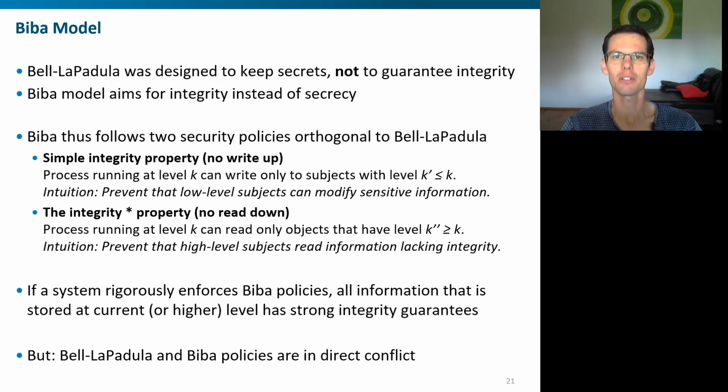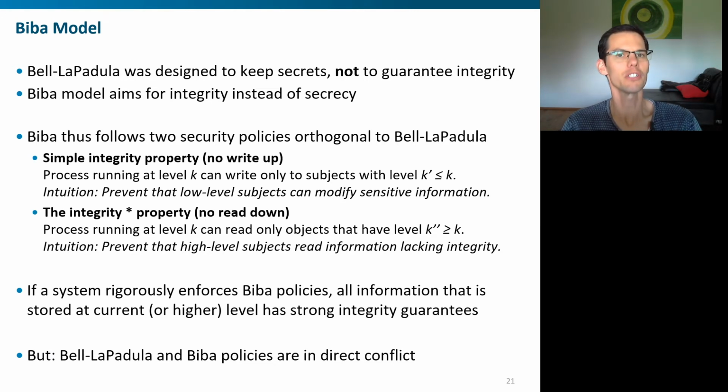The second one is again a bit hard to understand. Again, the integrity star property, no read down. It means that a process running at level k can only read objects that have level k double prime larger or equal to k. Meaning, getting back to our example, if the general aims to read a document created by the foot soldier, he cannot.